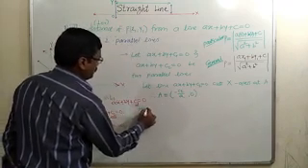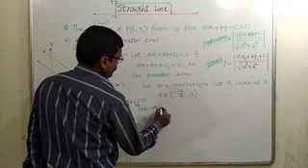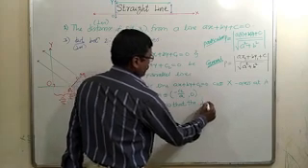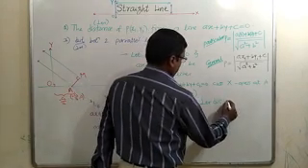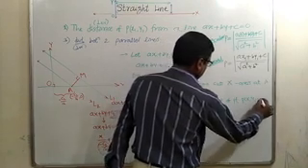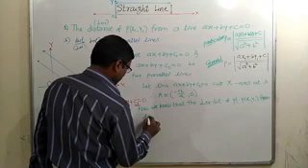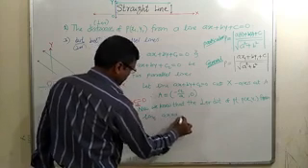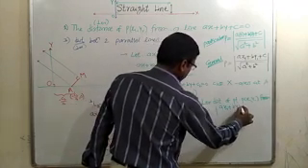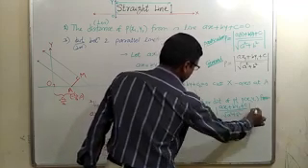Now, we know that the perpendicular distance of point P(x1, y1) from line ax plus by plus c equal to 0 is mod of ax1 plus by1 plus c, whole divided by root a square plus b square.